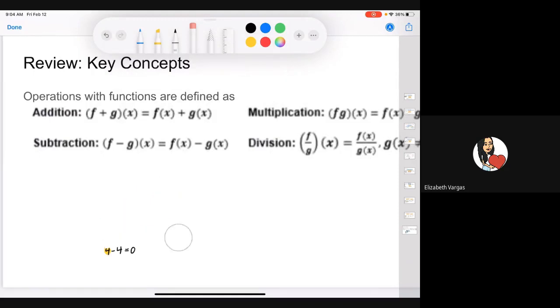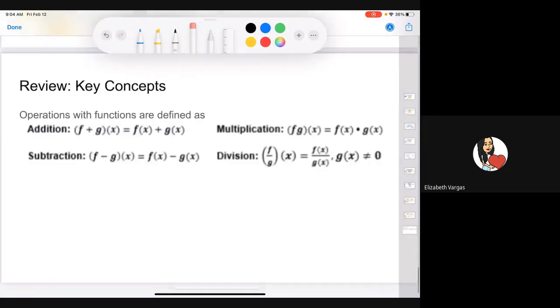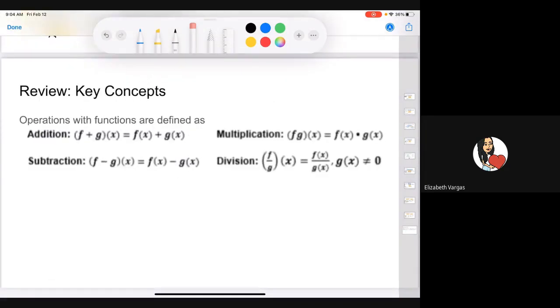And so basically, what's the point of what we're learning today? Well, the point is that there are certain operation rules that apply whenever we're told to add f of x and g of x together, multiply f of x and g of x together, subtract f of x and g of x together, and divide f of x and g of x together. And those rules basically tell us how to go about doing that.